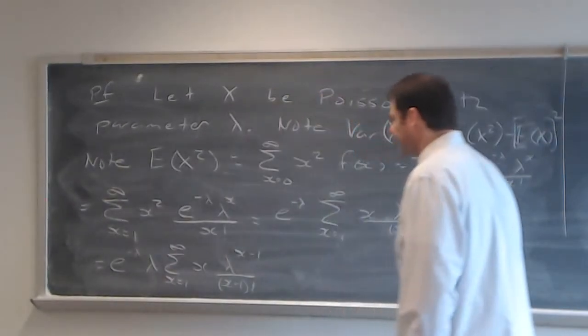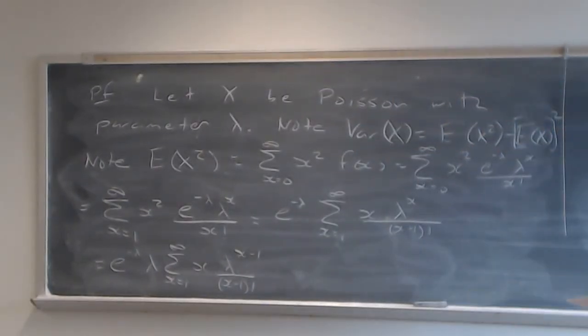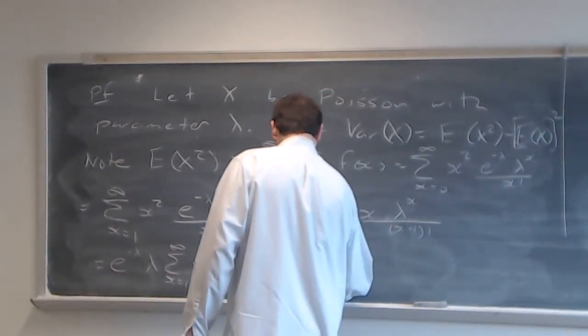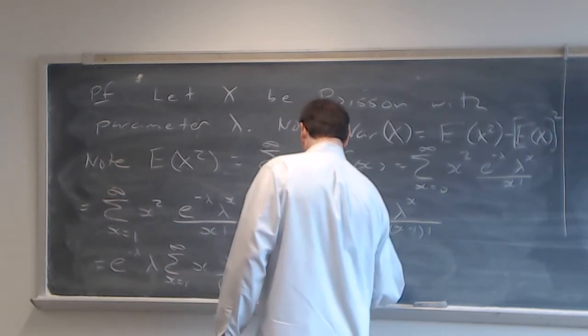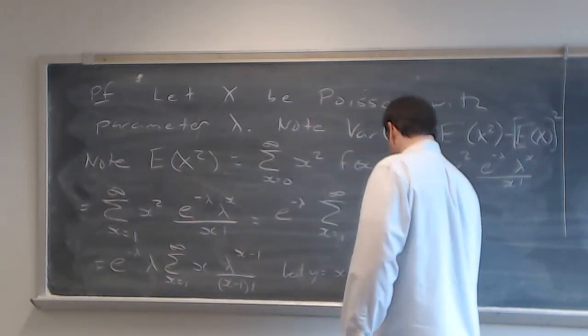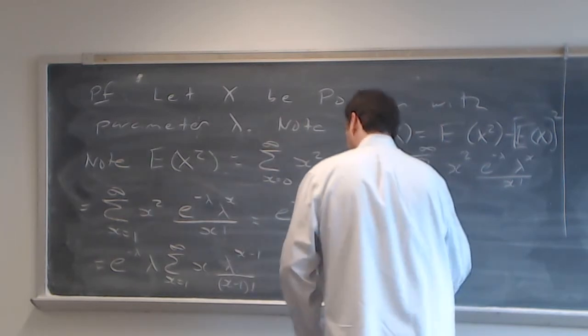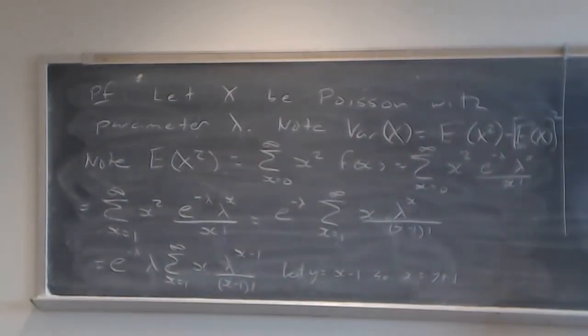All right, now let's again make a change in terms of the index. So let's let y equal x minus 1. That means that x will be equal to y plus 1. When I do that, here's what we'll get.